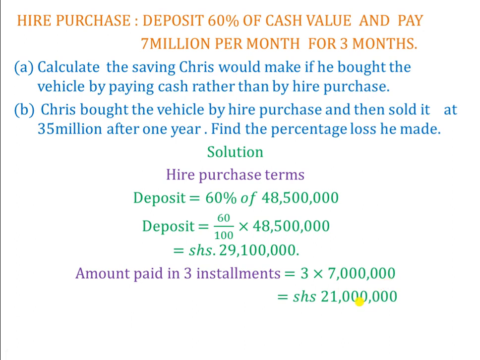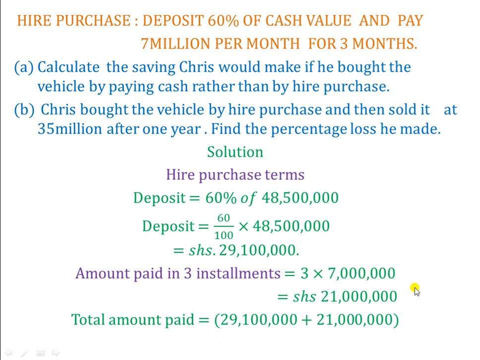Now that we have 21 millions and we have 29 millions 100,000, it means the total amount the person who uses hire purchase will pay will be a sum of 29 millions 100,000 and 21 million shillings. And when you add all these, it comes to shillings 50 millions 100,000. That is the total amount you will pay in case you buy the same item on hire purchase terms.